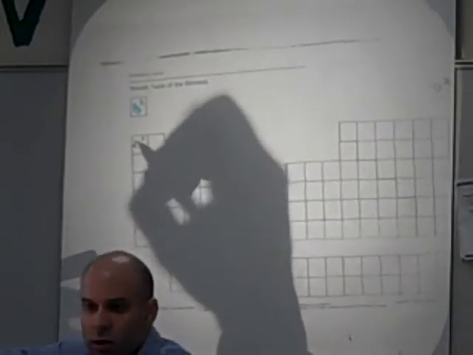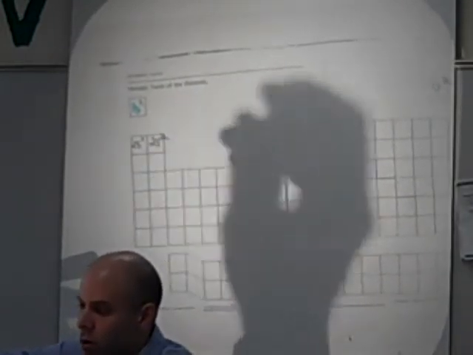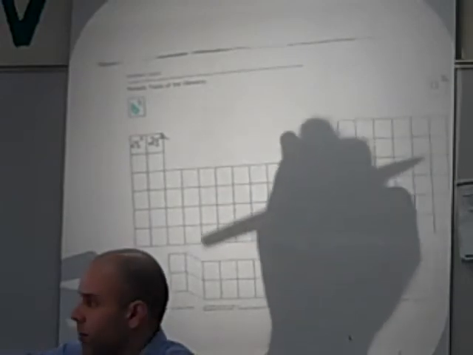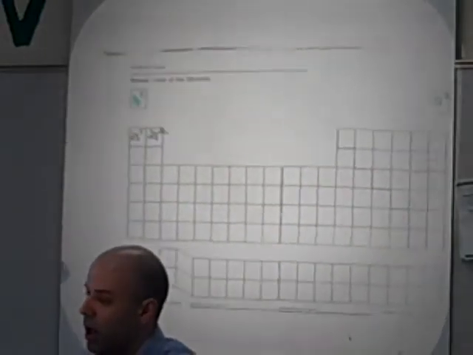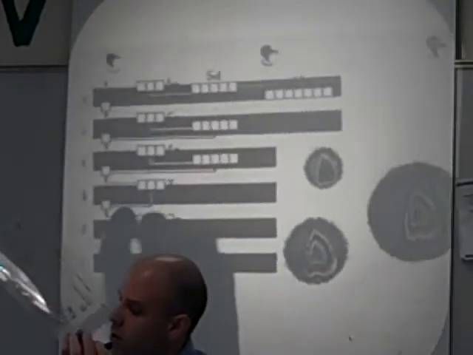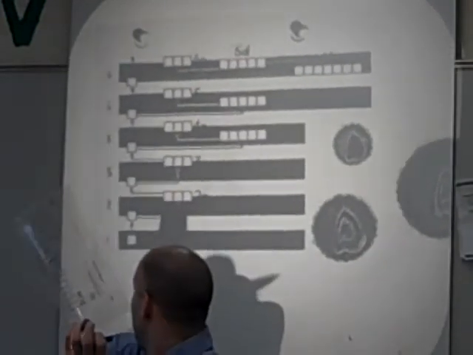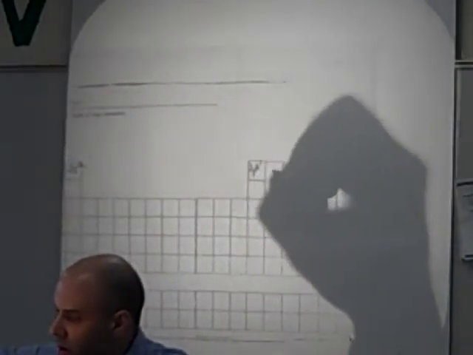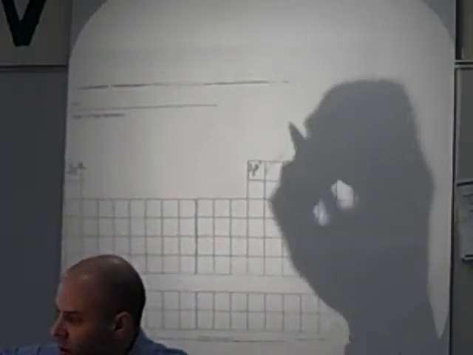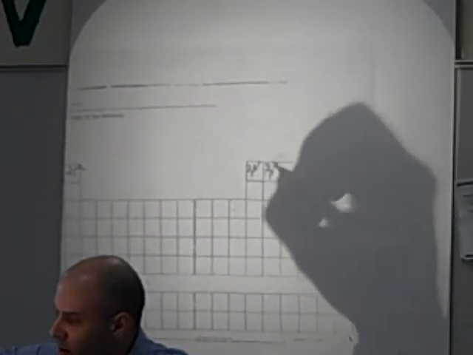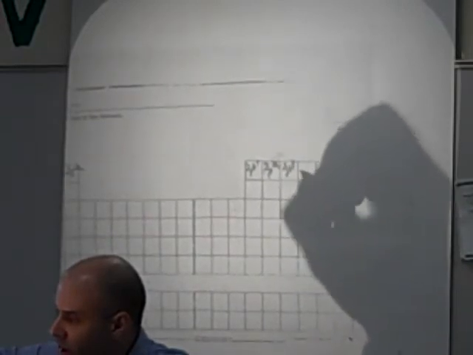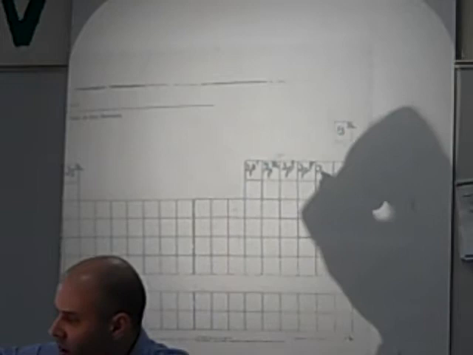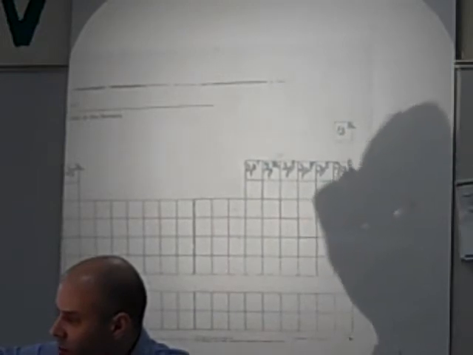So after the 2s1, then we fill the 2s2. And then what do we fill after the 2s? The 2p. So this is 2p1, 2p2, 2p3, 2p4, 2p5, 2p6.